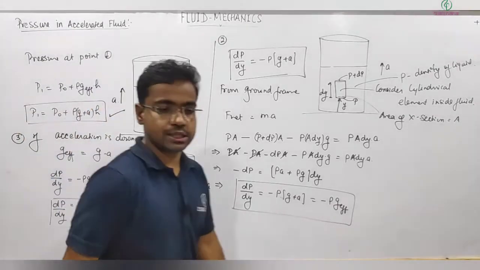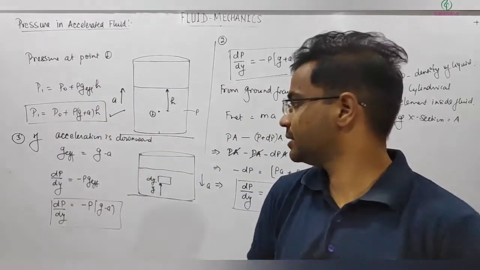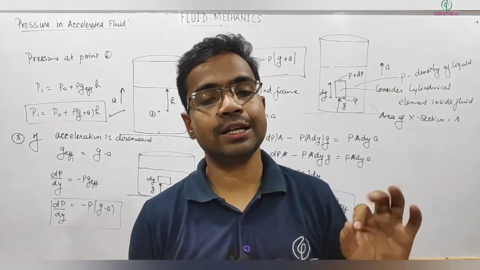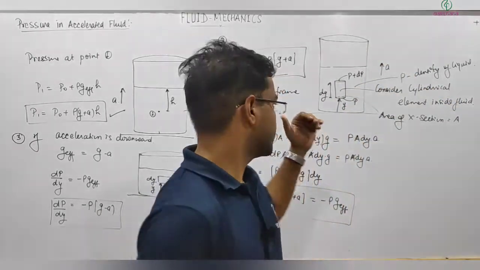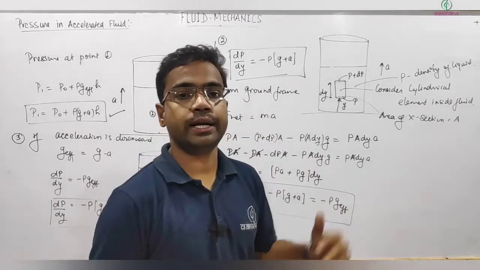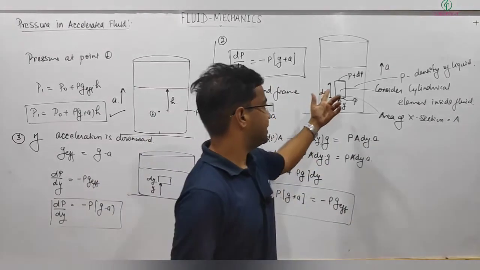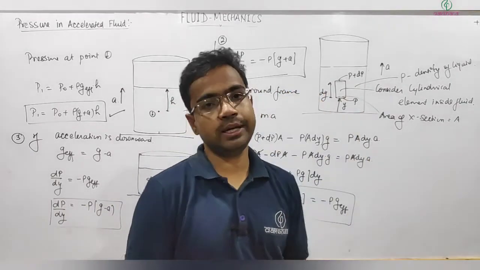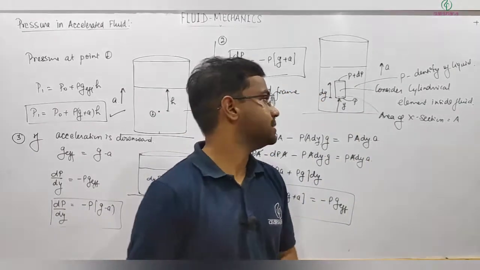So if acceleration is given in the y direction, whether upward or downward, in every situation you should be able to find the pressure inside the liquid at any point. If you are asked to find the pressure difference, get the pressure at both points and simply take the difference; that will be your answer.